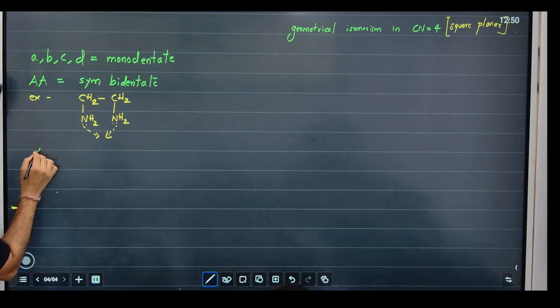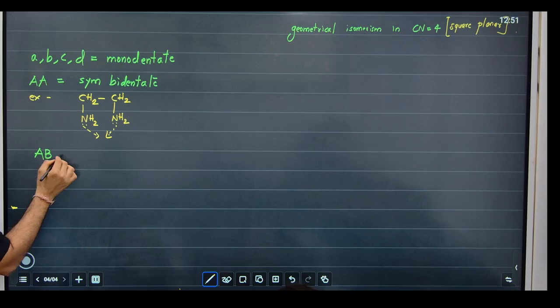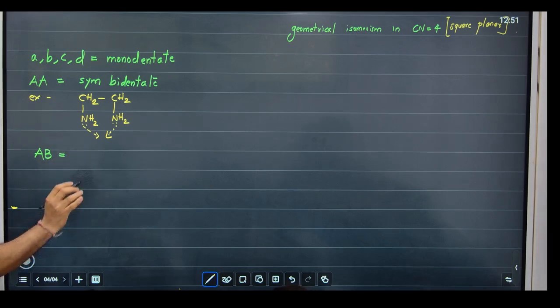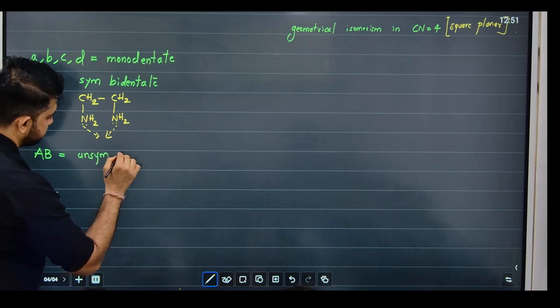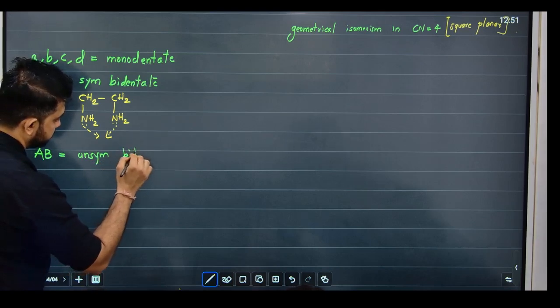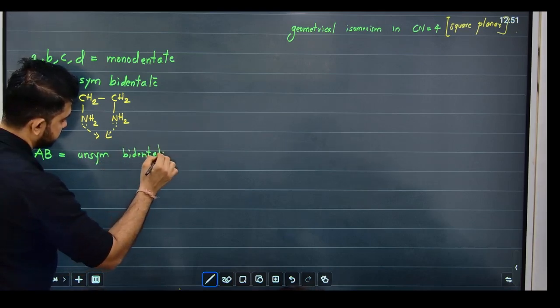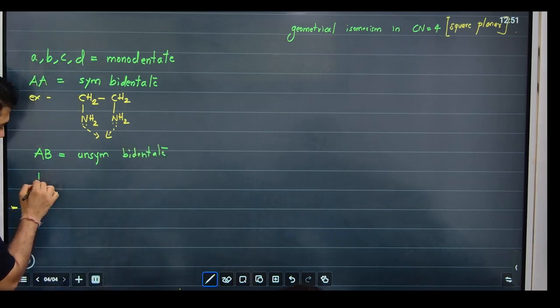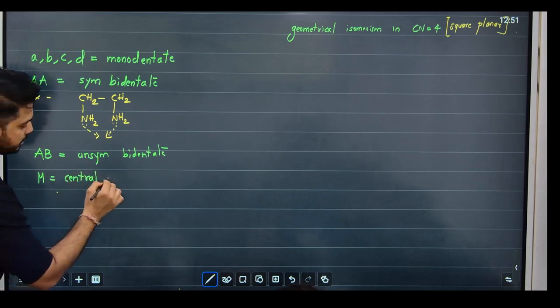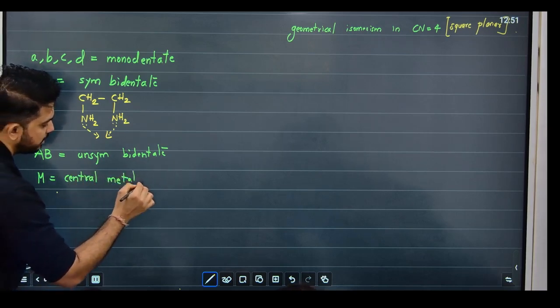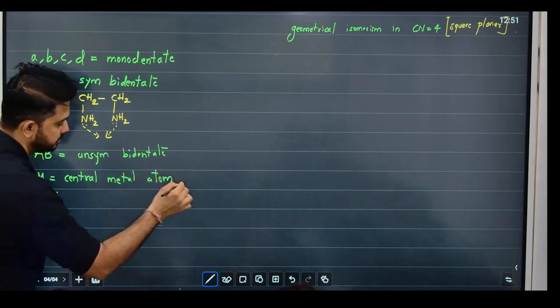And if we write AB, then this is unsymmetrical bidentate, or where donor atoms differ. Capital M will stand for central metal atom.